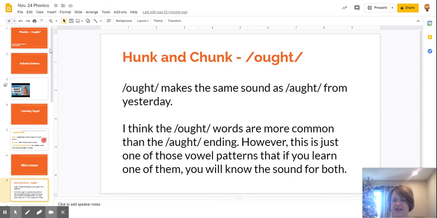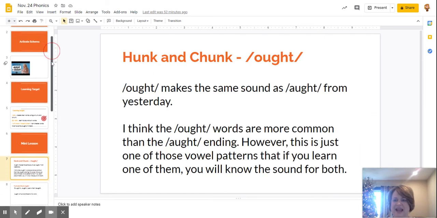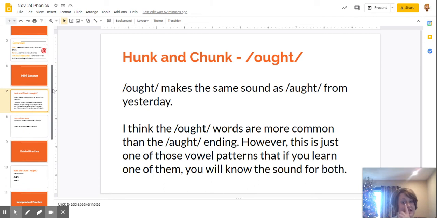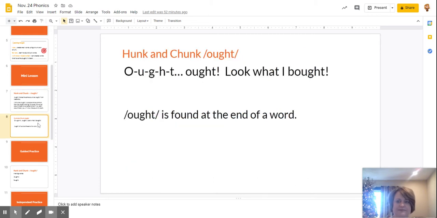So for our hunk and chunk ought, it makes the same sound as yesterday's A-U-G-H-T. I think ought words are a little bit more common than the A-U-G-H-T ending. However, this is just one of those vowel pairs that you have to learn just by looking at it. And really, technically, all it says is the O-T sound, ought.